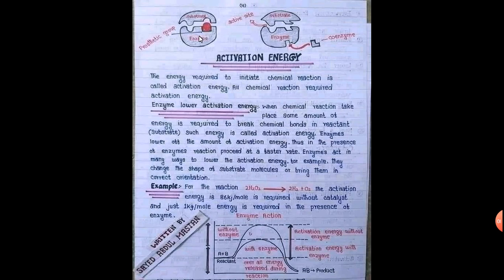So it enables the enzyme to have some kind of complementarity with the substrate, so that when it binds, there is going to be an easy conversion of the substrate to the product. So this is a prosthetic group bonded to the enzyme, which enables the enzyme to bond strongly to the substrate. Another cofactor, as we explained earlier, is the coenzyme.